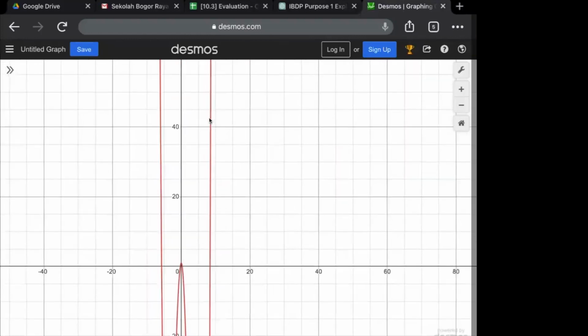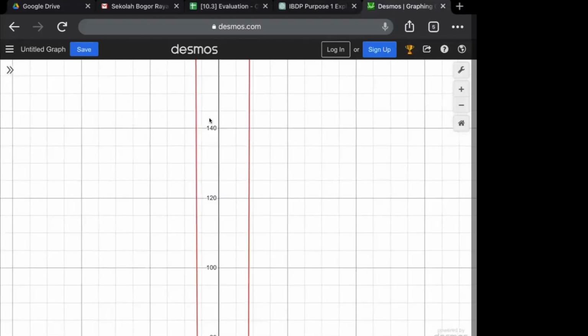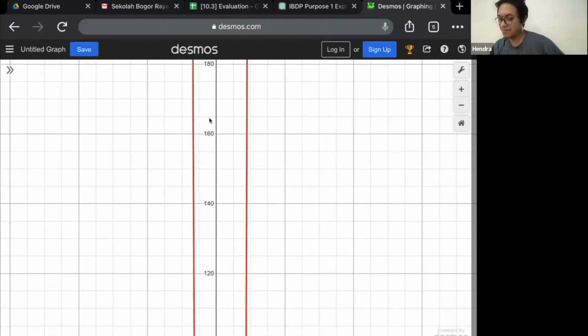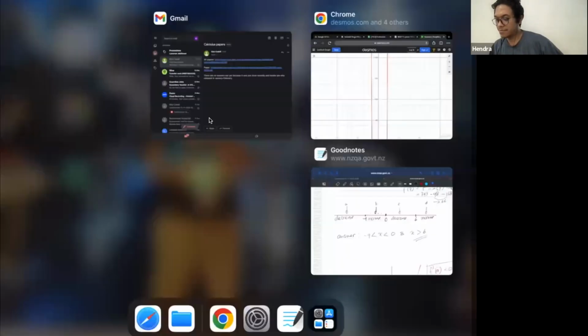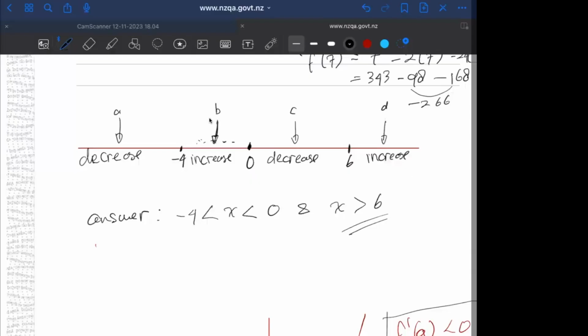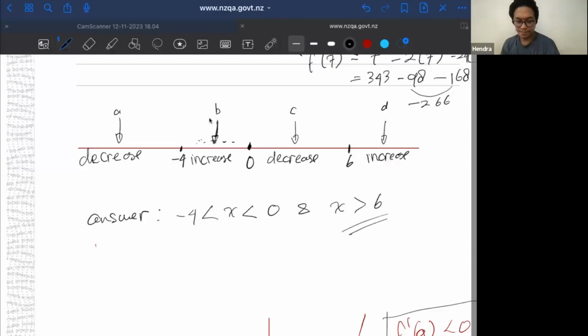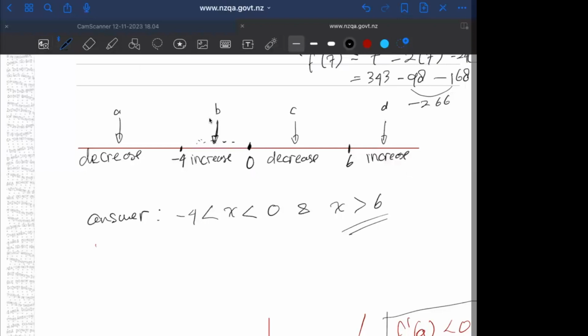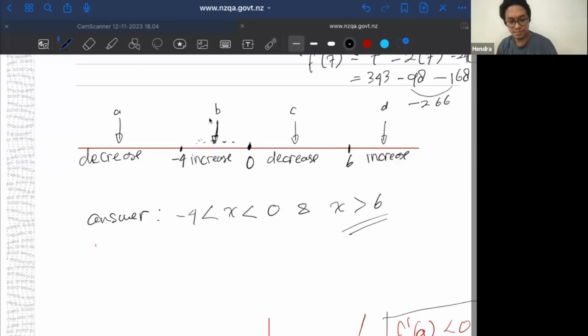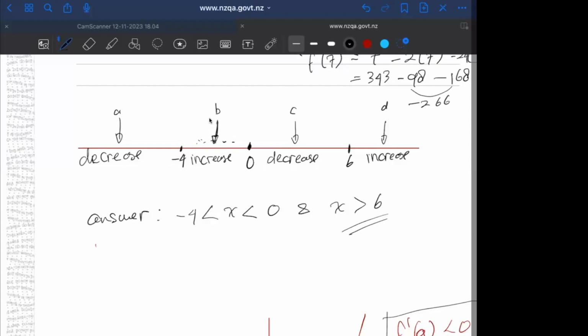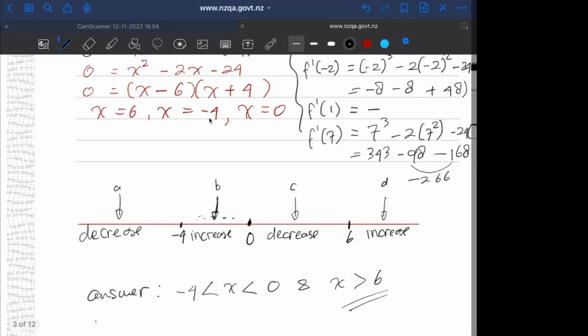I'm sort of confused how we can tell this. You know how we tested the numbers? How do we know if it increases or decreases after the number?